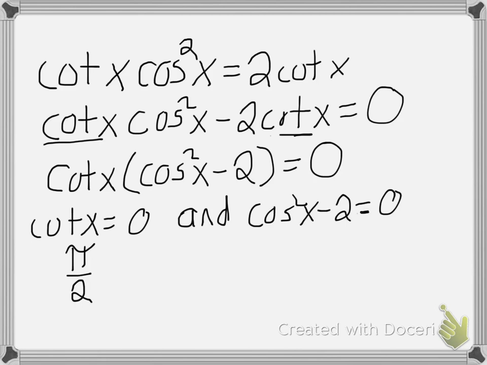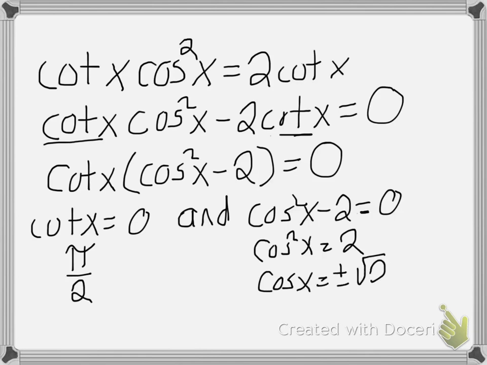Now the cosine, we got to do a little bit of work there. We get the cosine squared of x is equal to 2, which means that the cosine of x equals plus or minus the square root of 2.